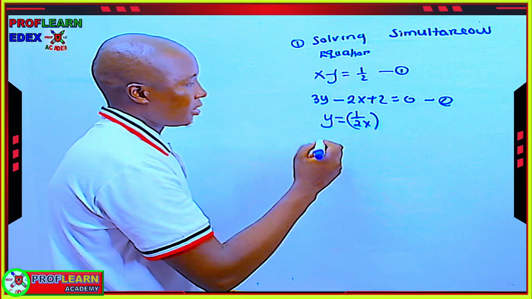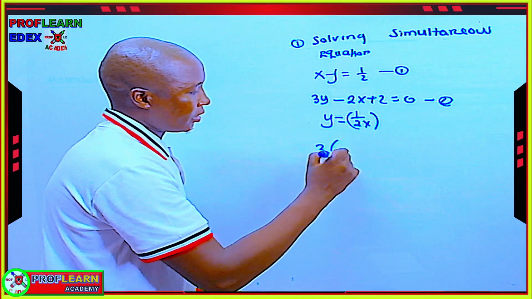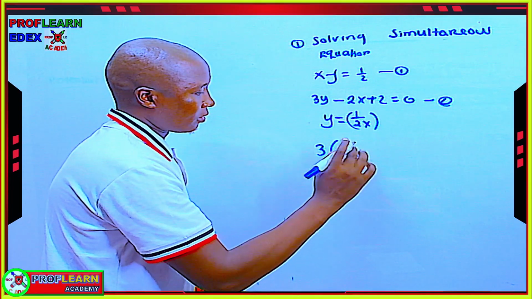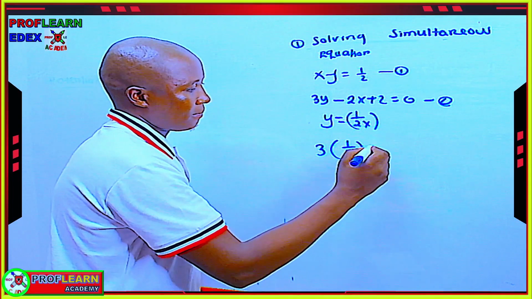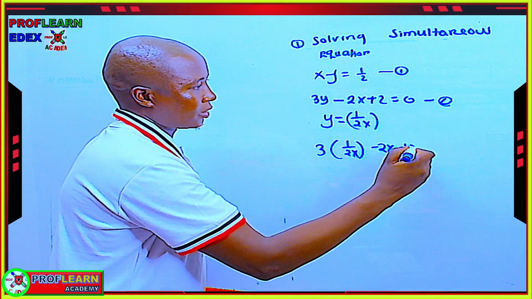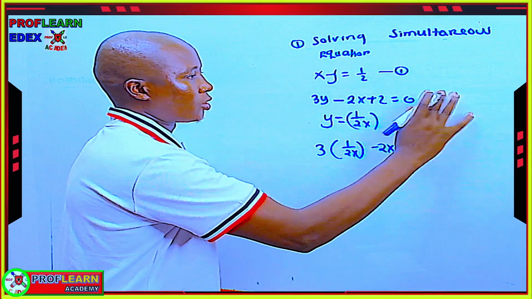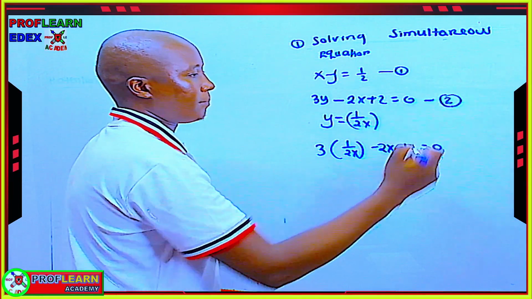In the second equation, we can say this is 3 times 1/(2x), minus 2x plus 2 equals 0. This is our equation number 2.